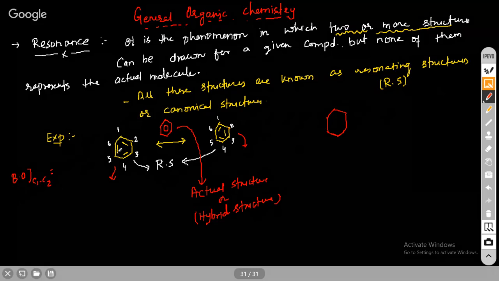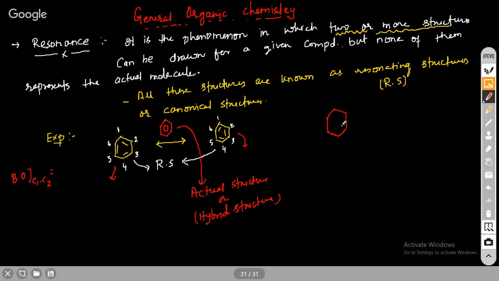Now in this, what happens? The bond order between the first and second carbon will be somewhere between 1 and 2. It won't be exactly 2, it won't be exactly 1. It will be somewhere in between, and that is what resonance gives us. Here we have 3 pi bonds, meaning 6 pi electrons.